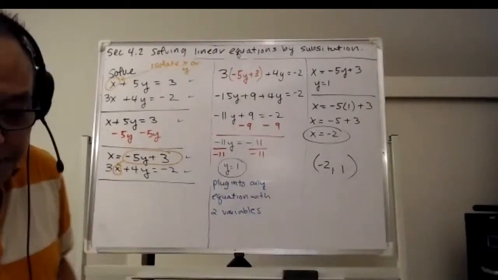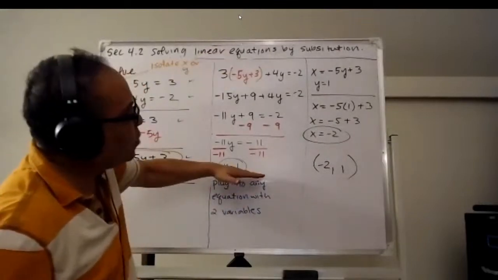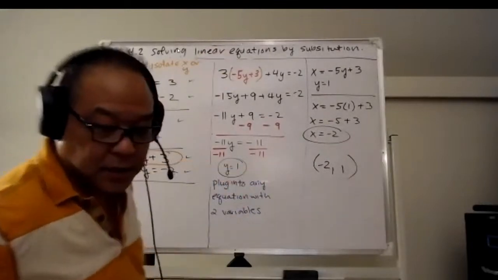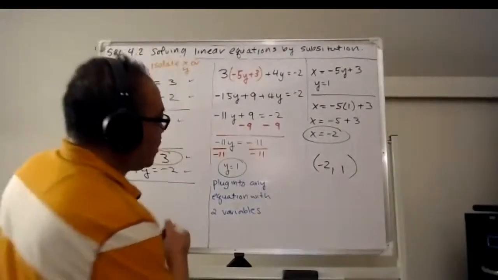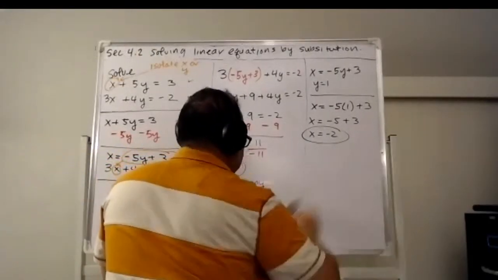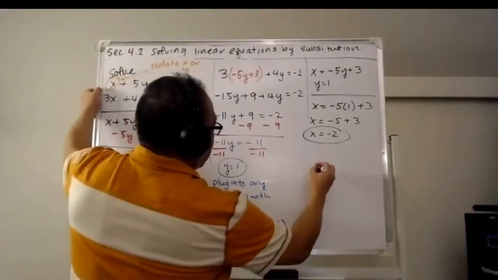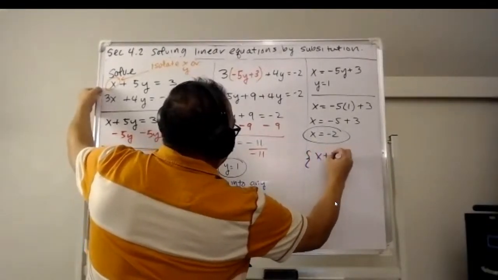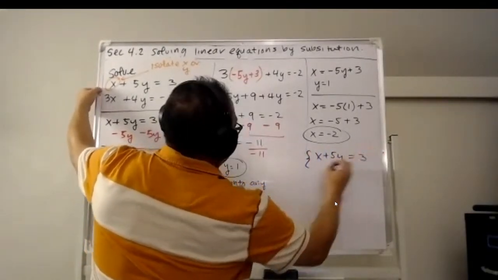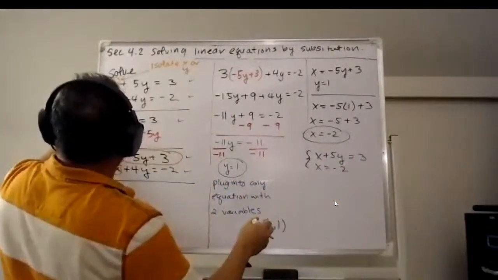Well, let me put it this way. When I get up to here, I only know what y is. So I have the option of solving a few different problems to find x. I can solve x plus 5y is equal to 3, with y equal to 1.